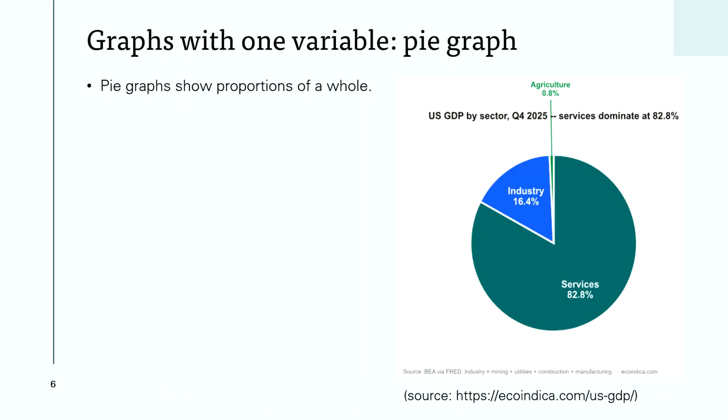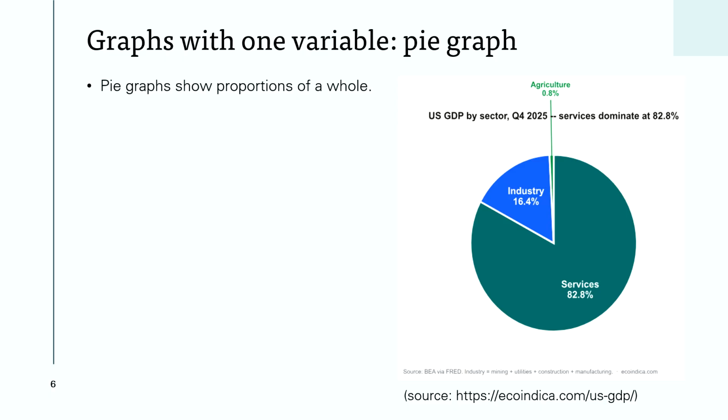Another graph commonly used to display a single variable is the pie graph. A pie graph shows proportions of a whole. The entire circle represents 100% of a total amount, and each slice represents a category's share of the total.